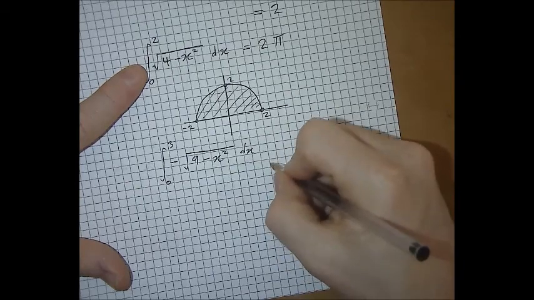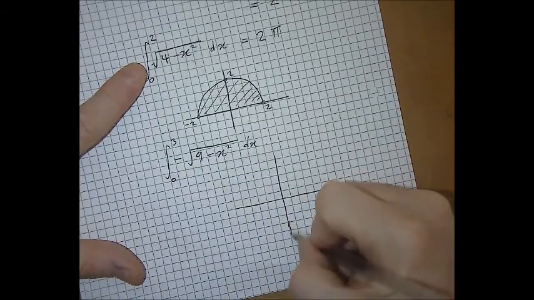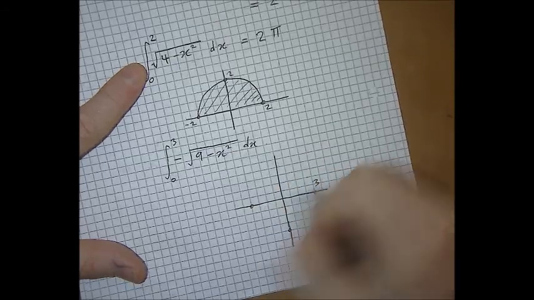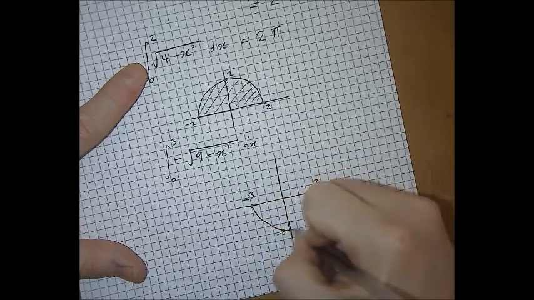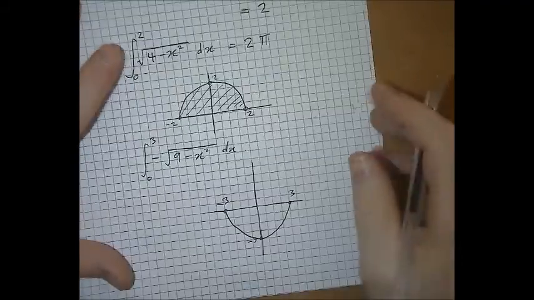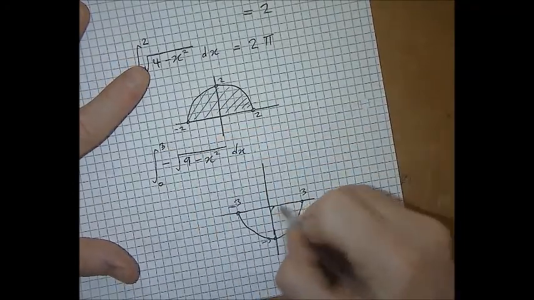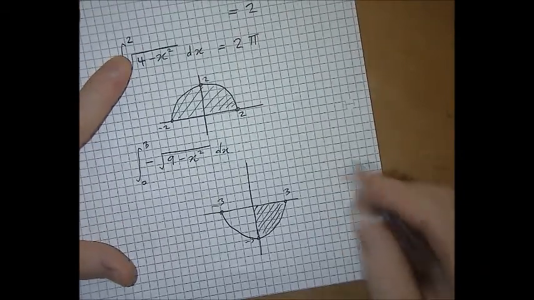If I'd asked you this, that is now a semicircle underneath the x-axis, and we want the area as far to the left as 0 and as far to the right as 3. So that is a quarter circle.